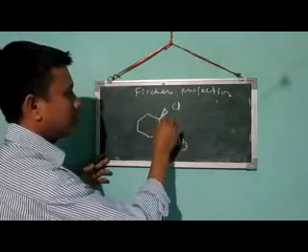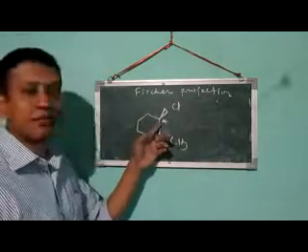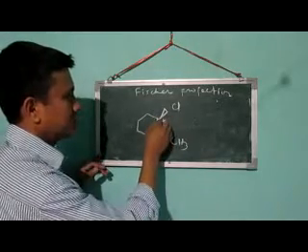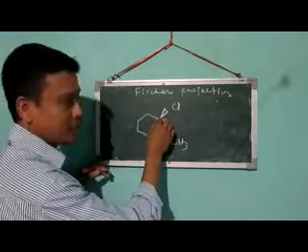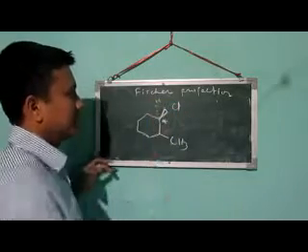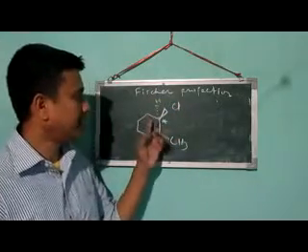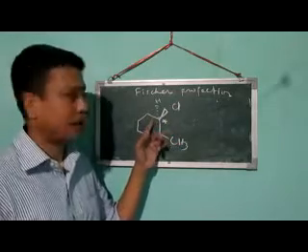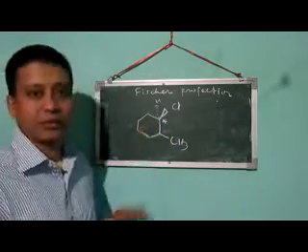This carbon is a chiral carbon because it is connected with 4 different groups. Here one hydrogen will also be there, but it is not written. Suppose I have written the hydrogen. Now you have to find out the configuration of this chiral carbon in case of these cyclic molecules.